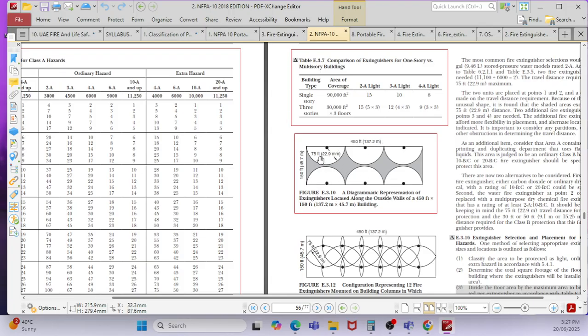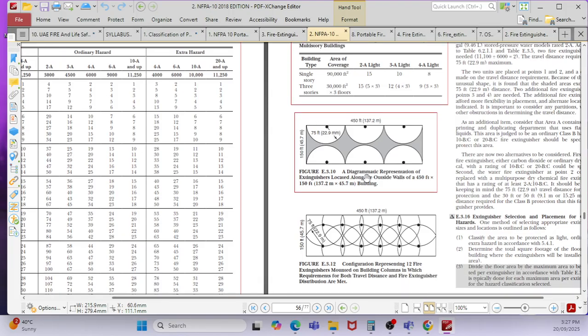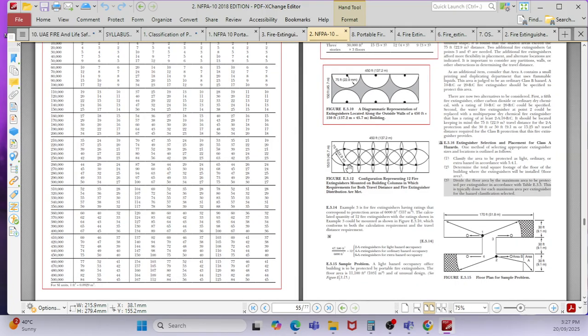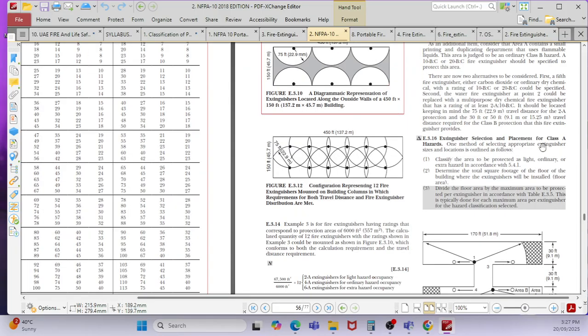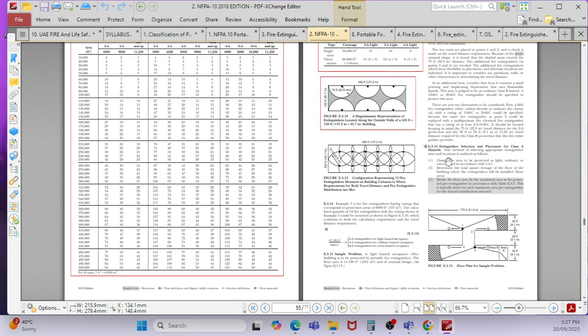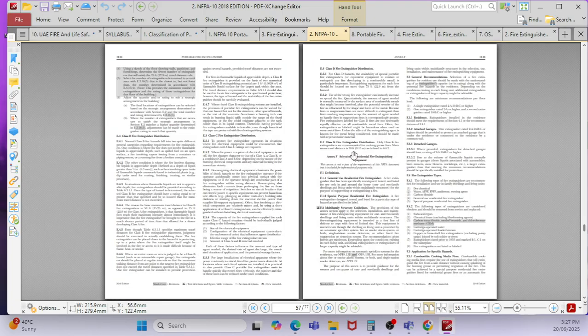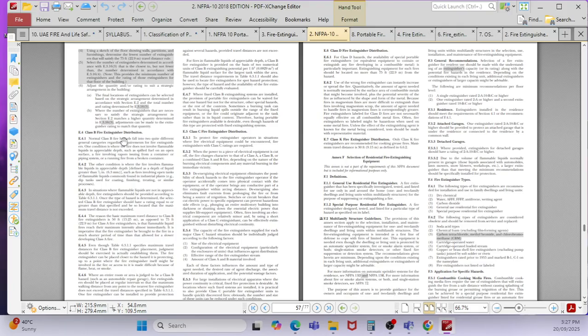When somebody says 22.9 meter, like 75 feet, this is the coverage area. And similarly, there is a sample calculation given here: extinguisher selection and placement for class A fire hazards. Similarly, for class B fire extinguishers, class C fire extinguishers, then class K fire extinguishers.